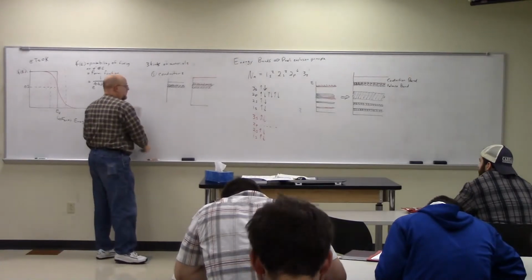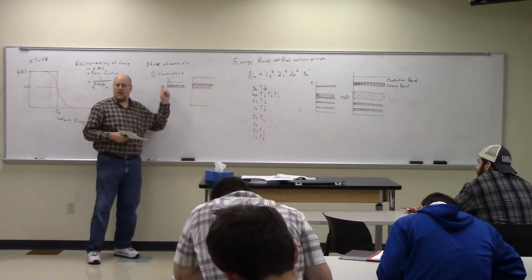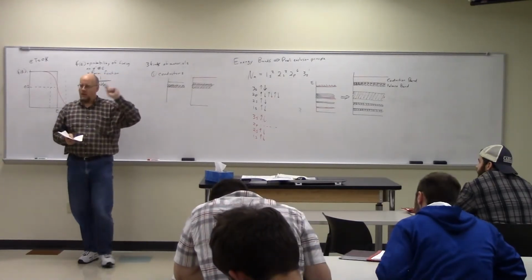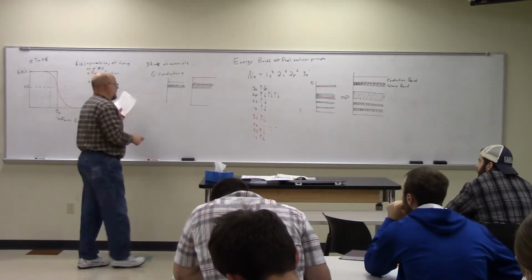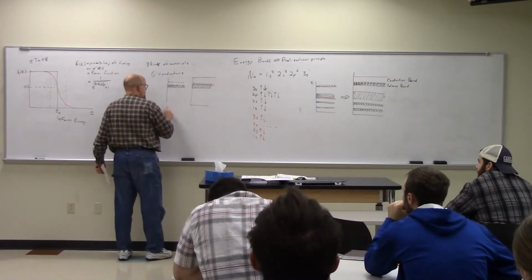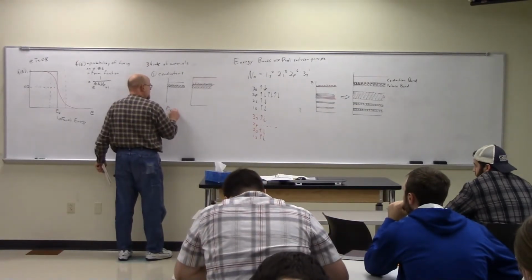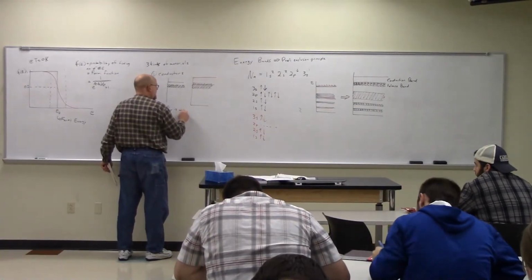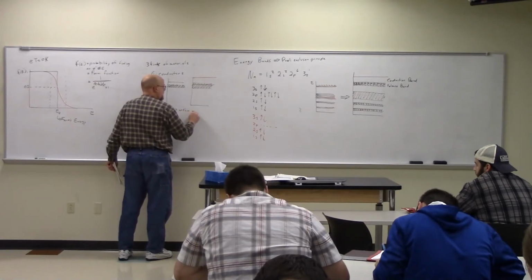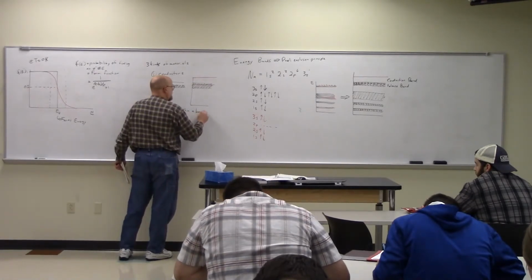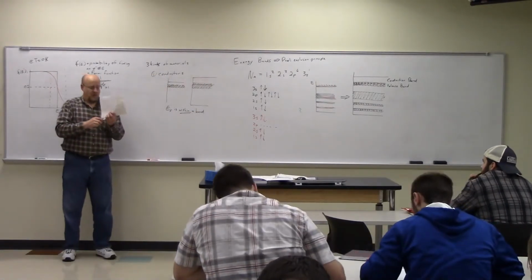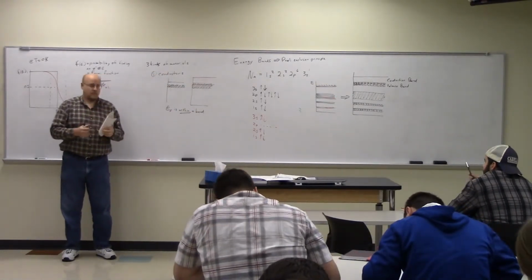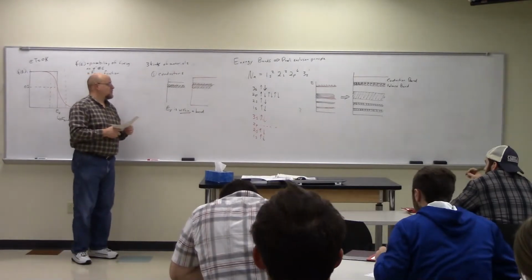Either way, a conductor is defined by the fact that the Fermi energy is within an energy band. So for conductors, E sub F is within a band, not at the edge of a band, but within a band.